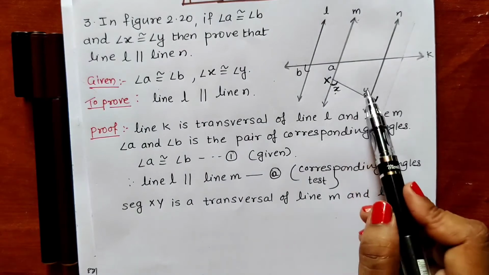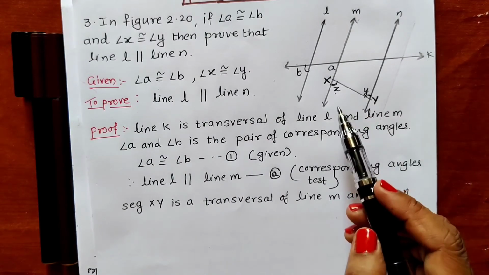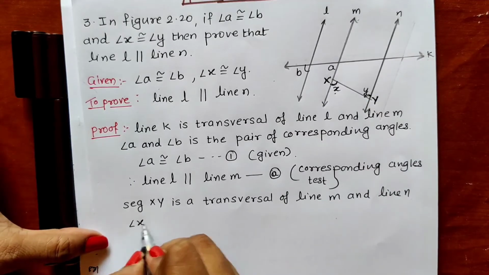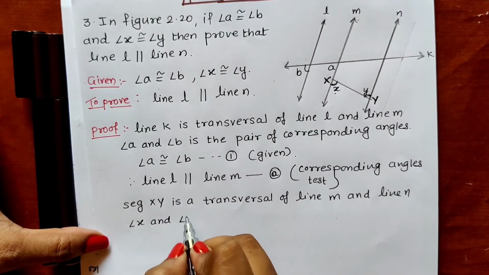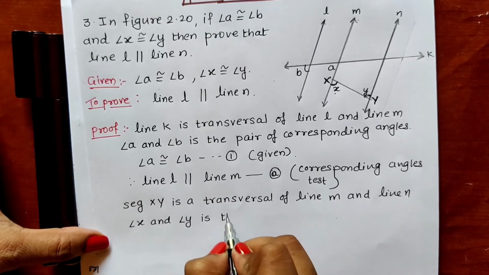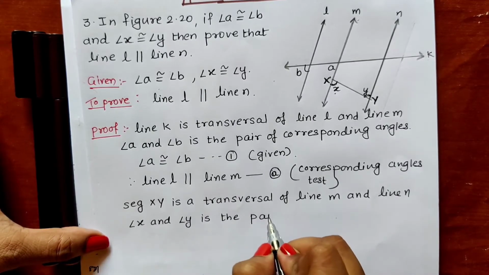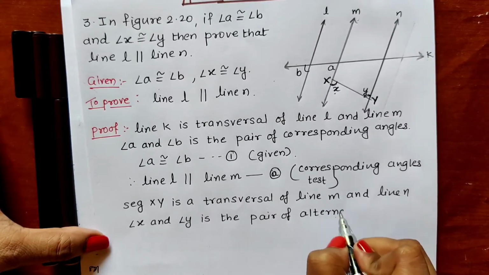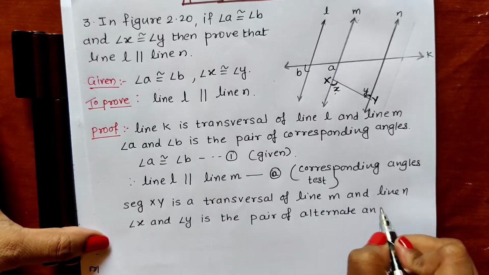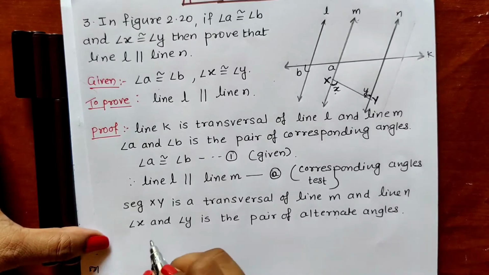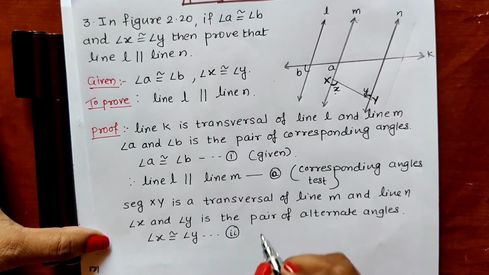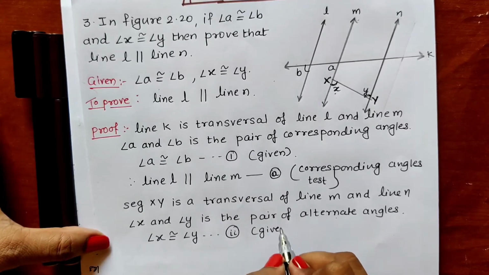So these X and Y are the alternate angles formed due to this transversal. So I will write angle X and angle Y is the pair of alternate angles. And it is given that the alternate angles are congruent. Angle X is congruent with angle Y. This is the second statement which is given to us.